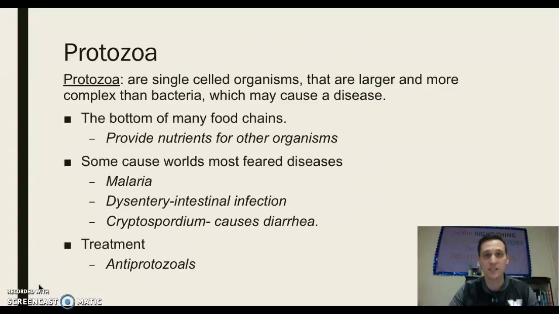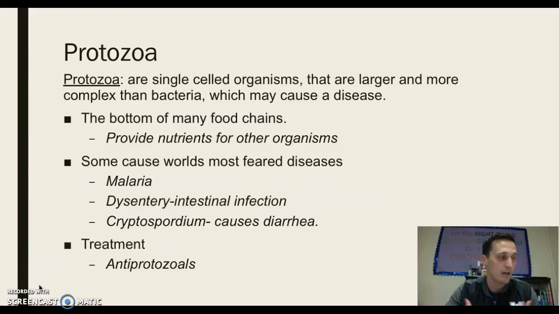Protozoa are specifically single-celled organisms that are larger and more complex than bacteria. Bacteria tends to be one of the smaller types of pathogens out there, other than a virus. But these, again, are going to cause disease. They are actually the bottom of the food chain for a lot of different organisms out there.